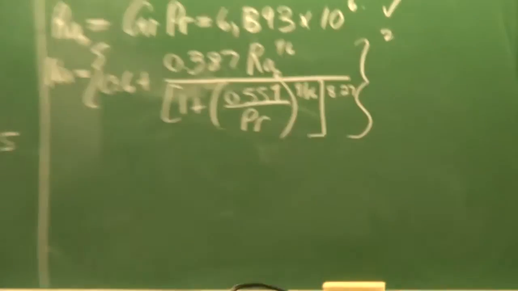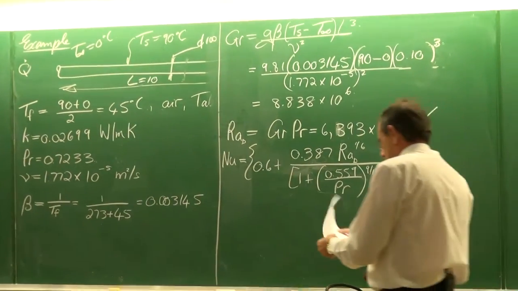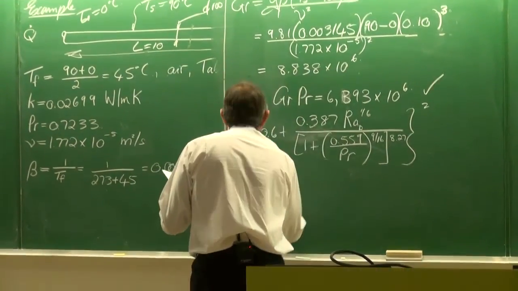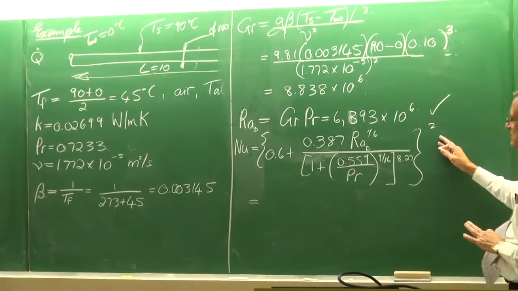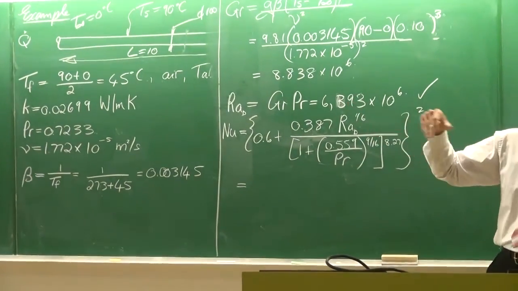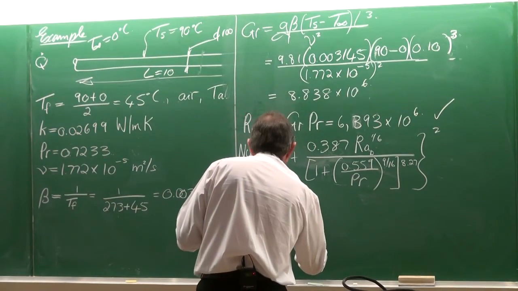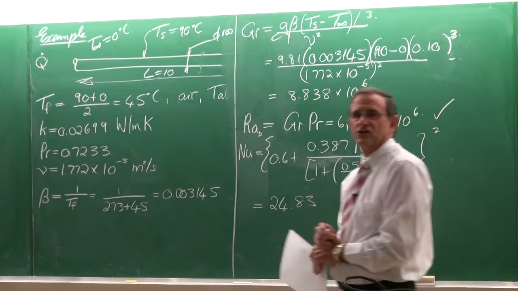This is the most complicated part in many cases with these calculations, getting these calculations correctly, and I'm not going to put in all the values. Here you can see is the Rayleigh number, we've got the Prandtl number, so it is just put it in, do the calcs, and then the Nusselt number is equal to 24.83.